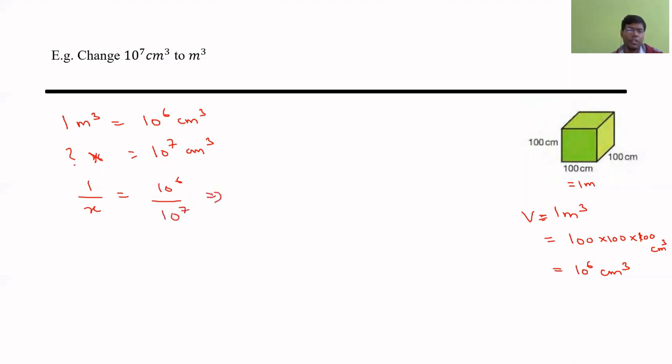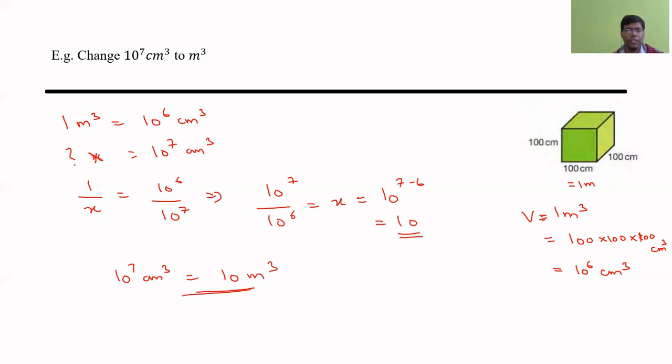If I cross multiply, I will get 10 power 7 by 10 power 6 is equal to x. So this will be 10 power 7 minus 6, which is 10. So basically 10 power 7 centimeter cube is equal to 10 meter cube.